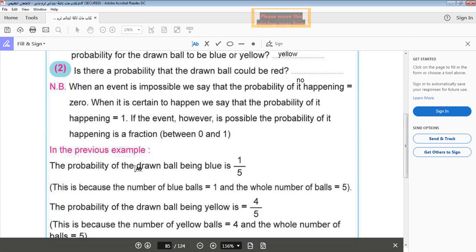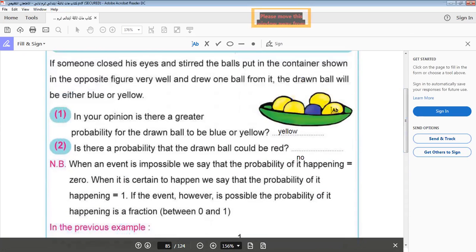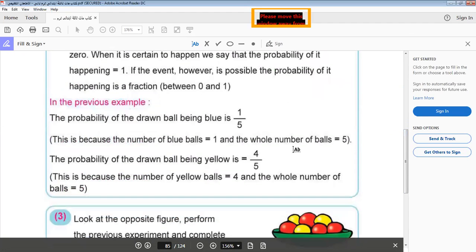In the previous example, the probability of the drawn ball being blue is 1 over 5. Why? Because you have just one blue ball out of 5 balls. So what he asked about, over the total, that's our rule.